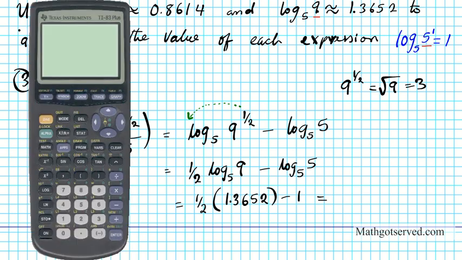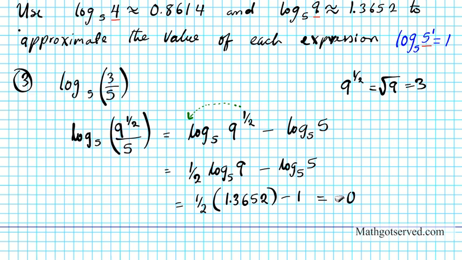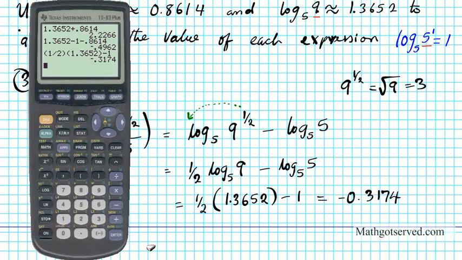Please put your 1/2 in parentheses. So 1/2 times 1.3652 minus 1, and the answer is negative 0.3174. So there goes your final result.